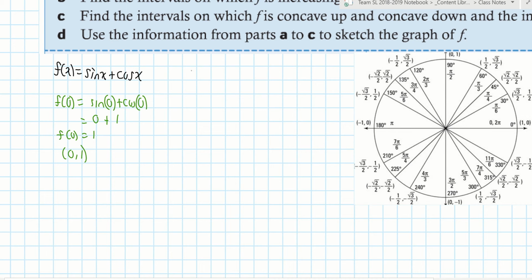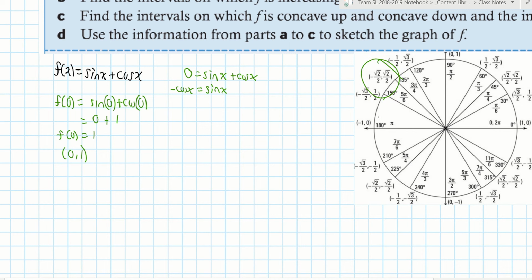Now, let's go ahead and find our x-intercept by making f of x equal to 0, and then we solve for x. So sine x plus cosine x, when does that equal 0? When sine x equals negative cosine x, I subtract cosine x from both sides. So go back to your unit circle again, and look, when are sine x and cosine x opposites?